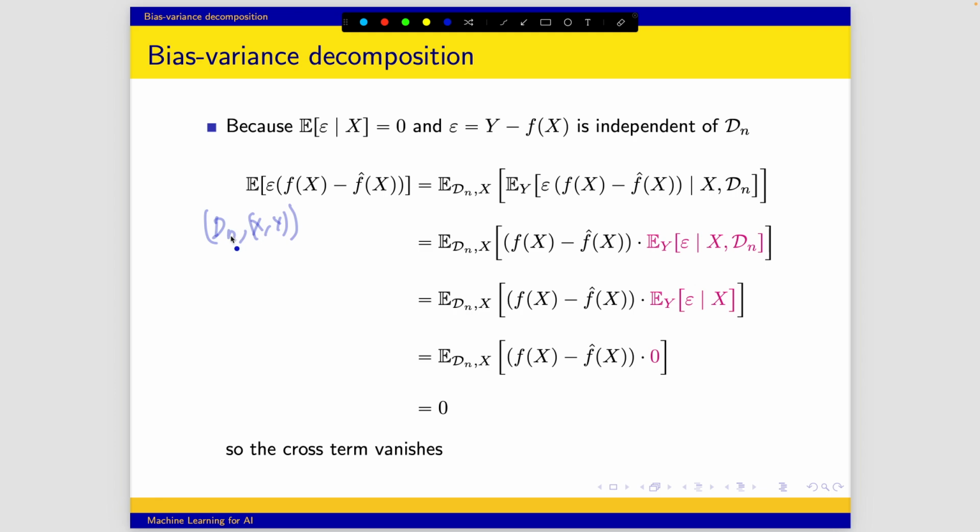We can decompose this expectation using what we call the tower property.